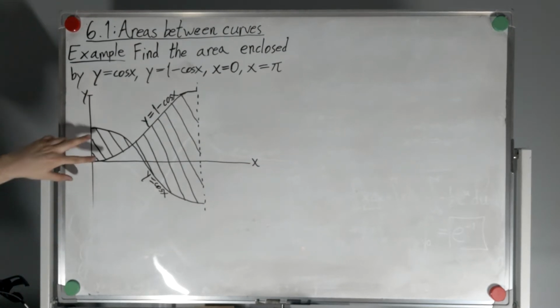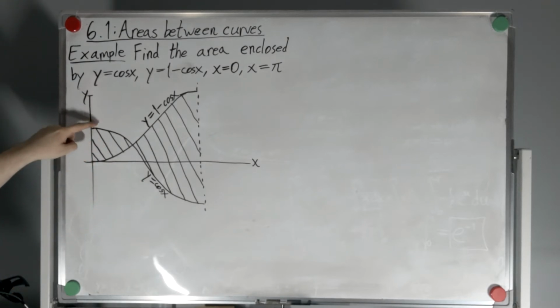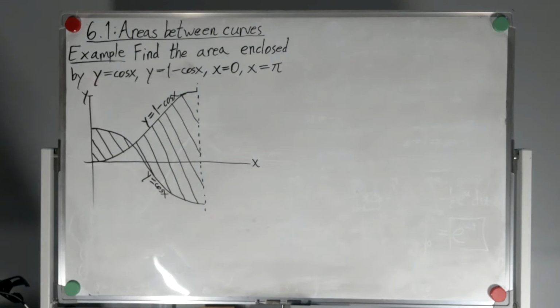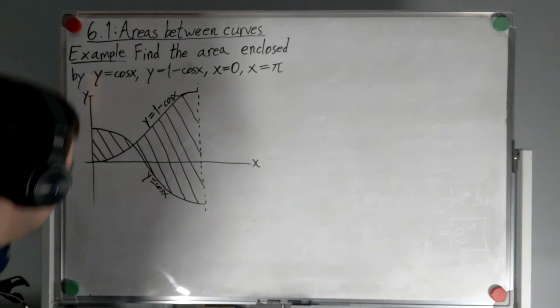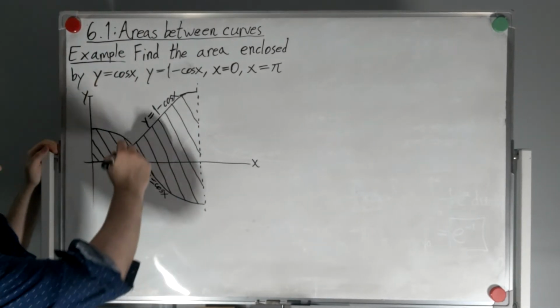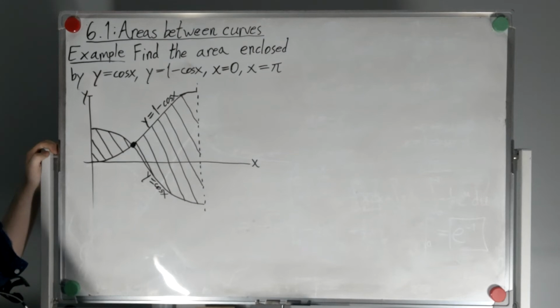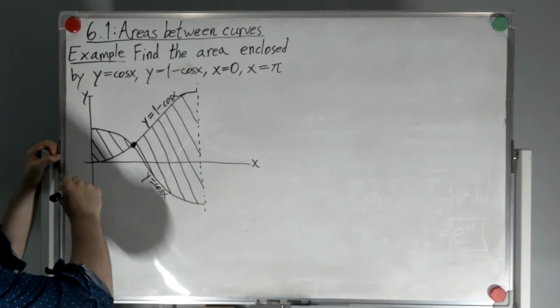Well, once again, they're switching roles. Cosine x is on top here, it's on bottom here. So once again, we're going to have to do two different integrals and then add them together. But in order to do that, we're going to need to know what the x-coordinate of that point right there is. In order to figure that out, we set these two functions equal to each other.